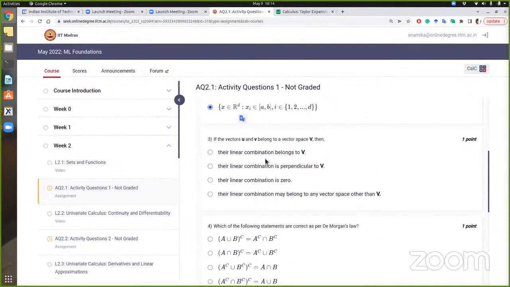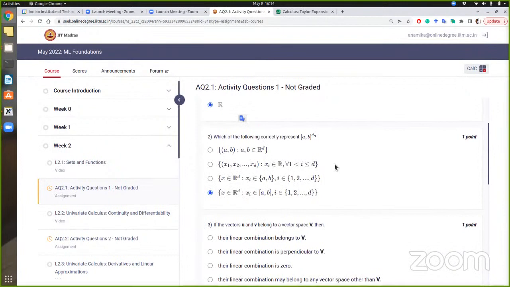Regarding question number 2. The last option, I should be starting 1 to D. I had confusion, because it's already X belongs to RD, and I also belongs to 1 to D. So what is I here?